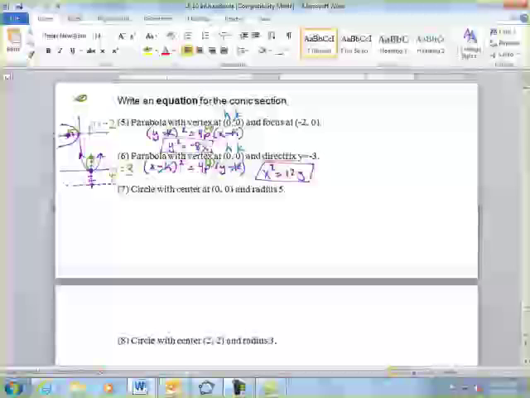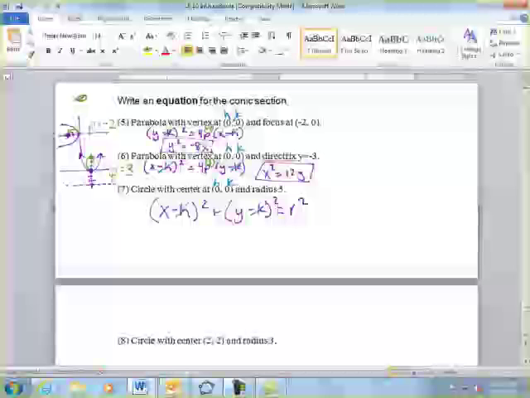I don't usually bother plotting circles because I don't have a choice to make in the equation. There's only one circle equation. So since I don't have to decide if it's horizontal or vertical, I don't usually plot them. So what are h and k here? Zeros. H and k are the center of a circle.